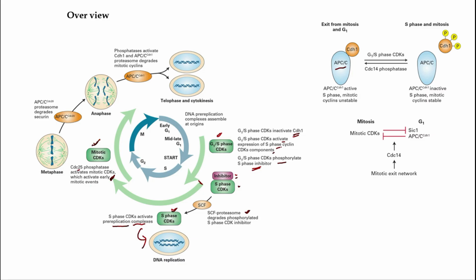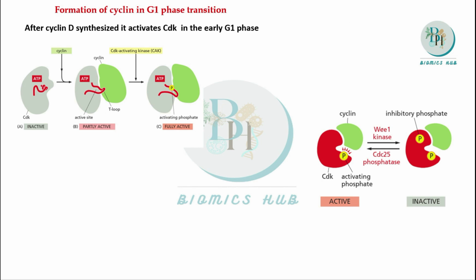With the help of this diagram we will see what it is saying. There is a kinase known as Wee1 kinase, which is an inhibitory kinase. As a kinase, it phosphorylates the CDK. If this phosphorylation has taken place by Wee1, then the CDK is inactive.